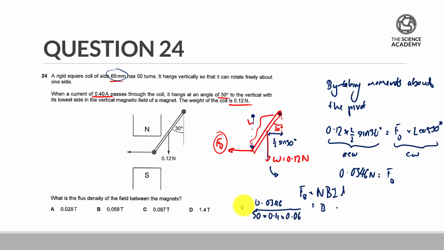And thus, our answer is going to be 0.029 Teslas. And so, our answer is A.